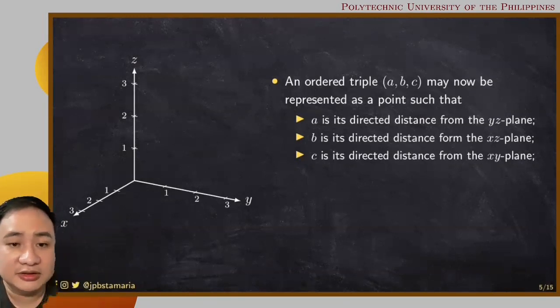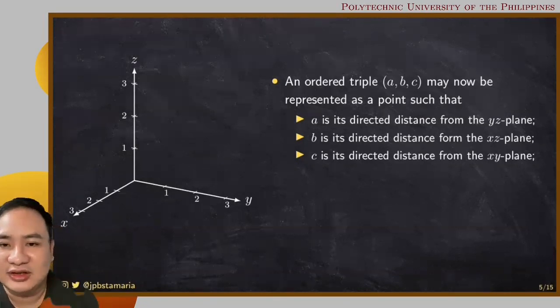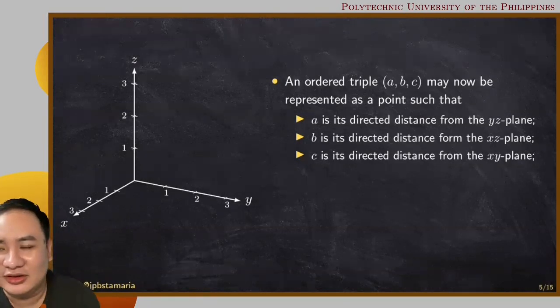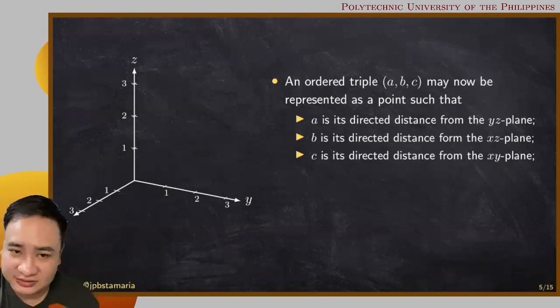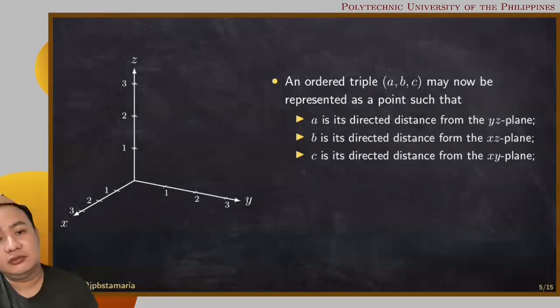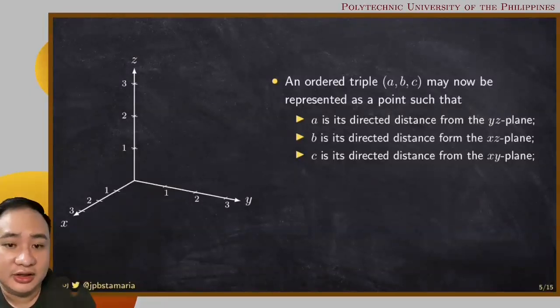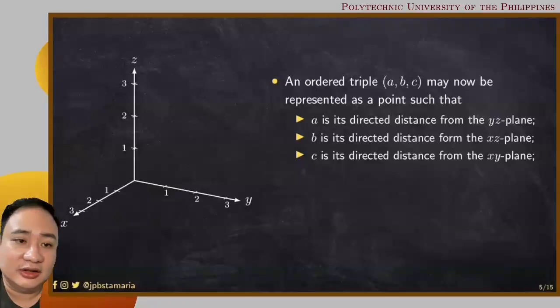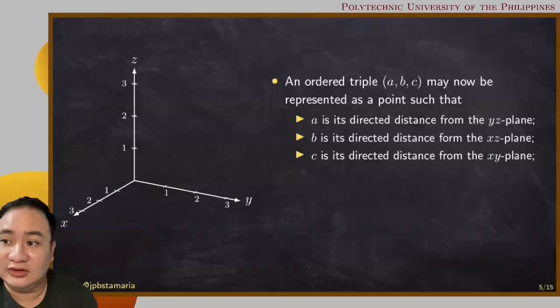Okay? Pag sinabing, kasi ang YZ plane, hinahati niya yung space sa, what do you call this? Sa dalawang parts. Parang sabihin na lang natin left side at right side. Negative side at positive side. Pag nandun ko sa positive side, positive yung coordinate, yung A. Pag nandun ko sa negative side, nung x-axis, negative yung A. Ganun yun.